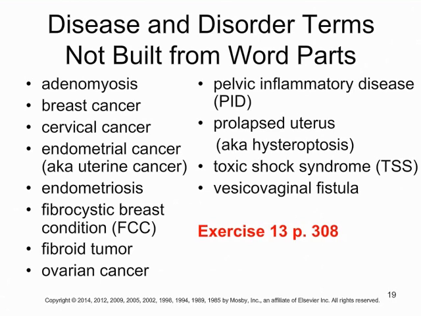Toxic shock syndrome, or TSS. This is caused by a bacteria, either Staphylococcus aureus or Streptococcus pyogenes, and that infection is causing illnesses such as fever, rash, vomiting, diarrhea, and in very severe cases it can cause death.